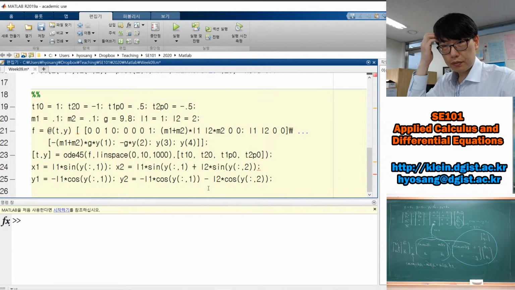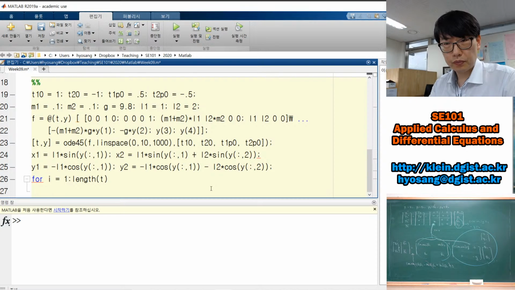Okay, so I set my x and y, and then let's try to plot this. From 1 to the length of t, I'm going to plot two things here.